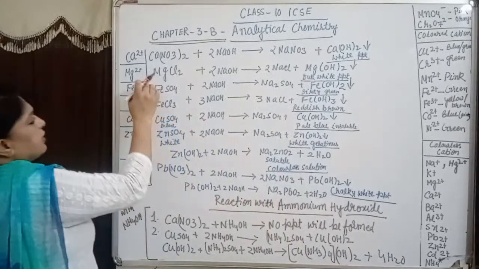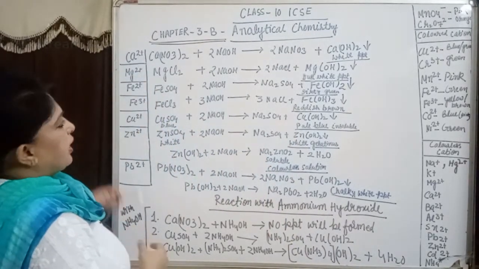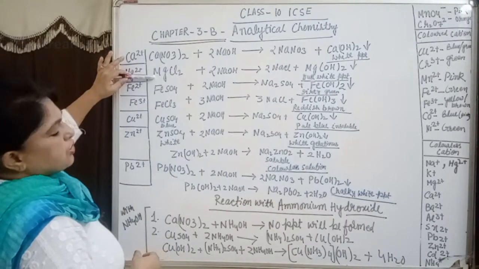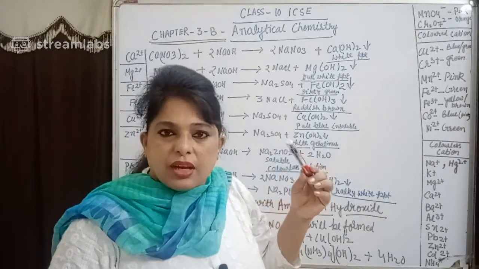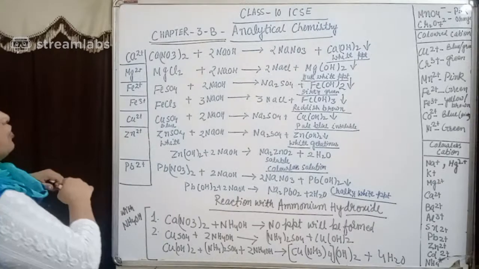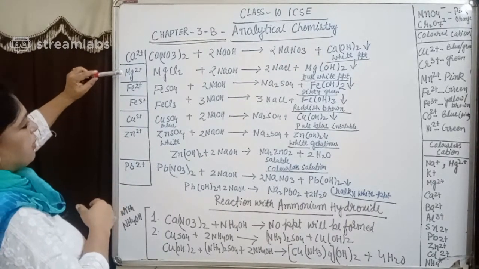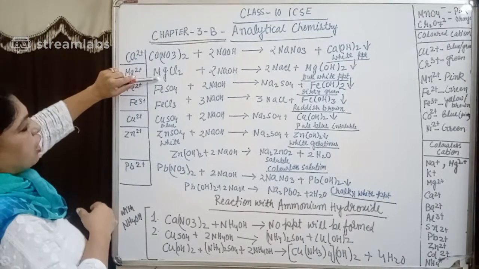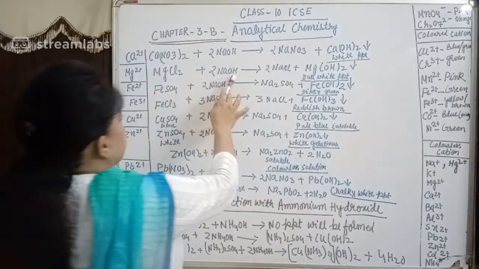Now when you see the magnesium ion, it is always white in color, right? Or you can see it also comes under what? Colorless cations, right? So we can see here the Mg2+. Which salt have we taken here? Magnesium chloride plus sodium hydroxide.